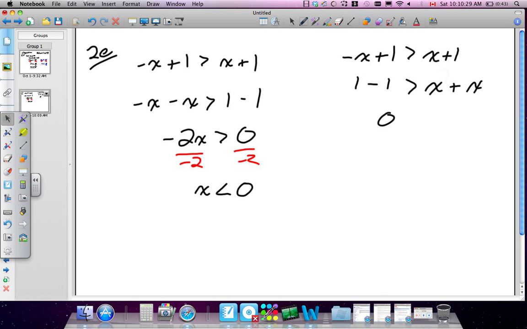And when I divide by 2, that's not going to change anything because the number is positive. I get 0 is greater than x. In both cases, the signs are just read in a different order, but they still mean the same thing. This one's saying x is less than 0. This one's saying 0 is greater than x. Exact same idea. It's easy.